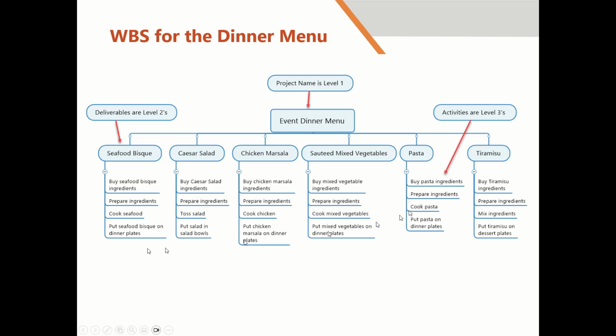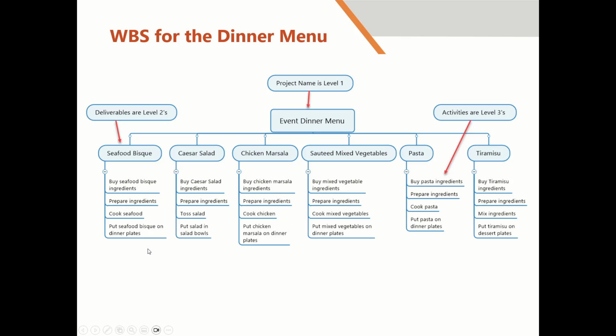Those are the things that we need to do to get to completion of our deliverable. So these are the things that we need to do in order to make the seafood bisque. We have to go buy the ingredients, prepare the ingredients, cook the seafood, and put the seafood on the dinner plates. Each one of those is pretty similar, but those are the activities involved.